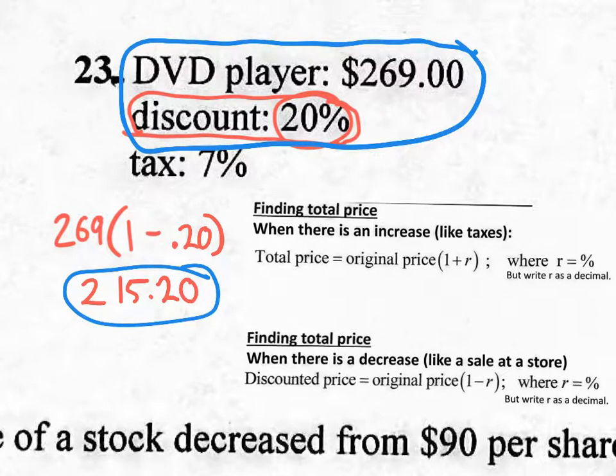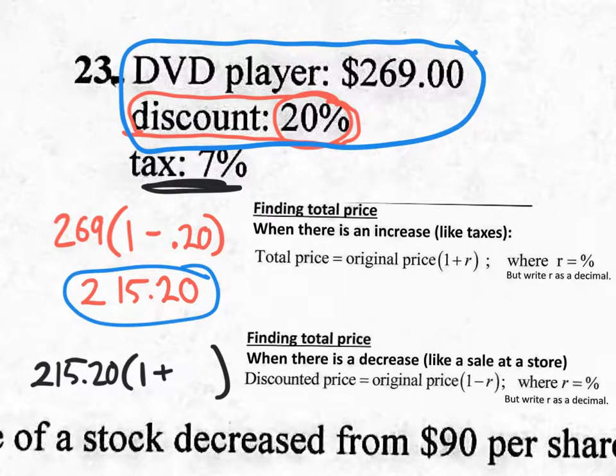Now we still need to calculate the taxes. Now that's going to make the price go up or down? Up. So you have $215.20 multiplied by 1 plus, because the price is going to go up, and the taxes, which is actually we need to change the percent to a decimal, 1 space, 2 space, it'll be 0.07.